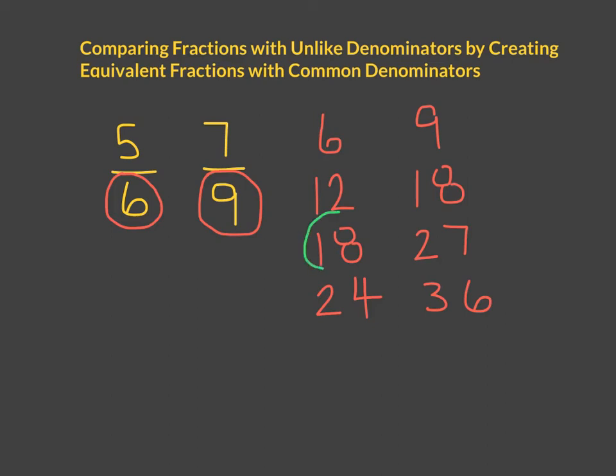We see that number is 18. Therefore, the least common denominator for 5/6 and 7/9 is 18. So underneath our fractions, we're going to begin to create equivalent fractions that have a denominator of 18.